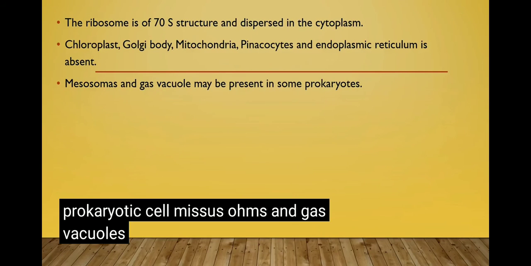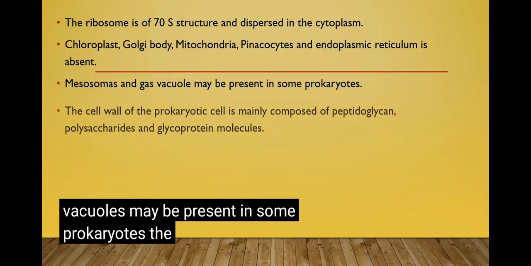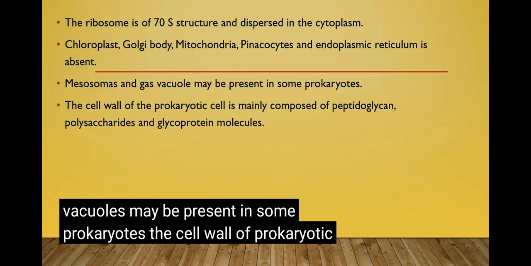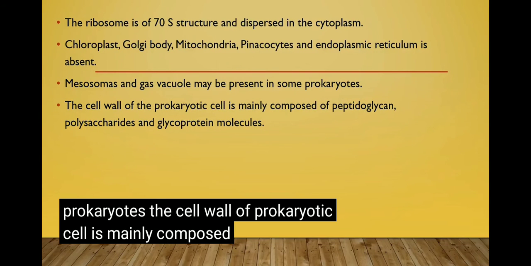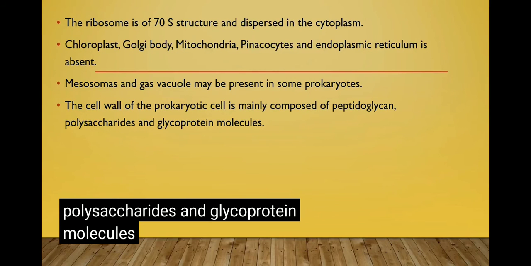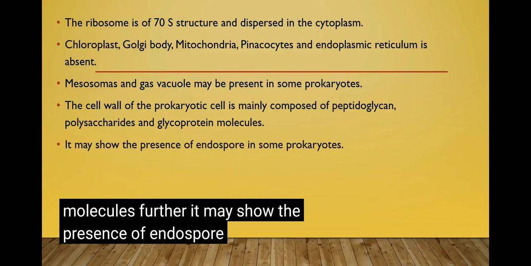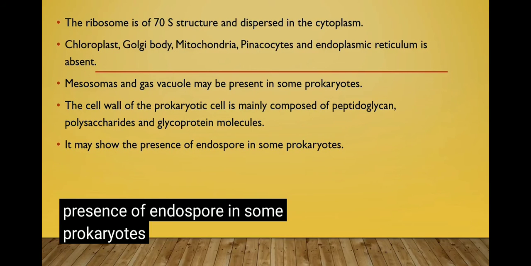Mesosomes and gas vacuoles may be present in some prokaryotes. The cell wall of prokaryotic cell is mainly composed of peptidoglycan, polysaccharides and glycoprotein molecules. Further, it may show the presence of endospore in some prokaryotes.